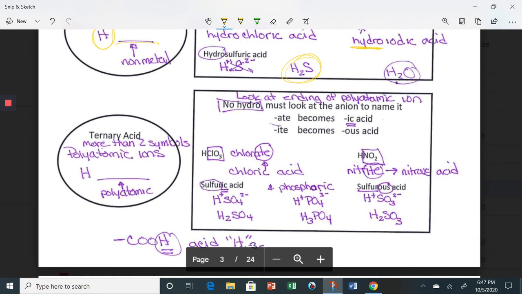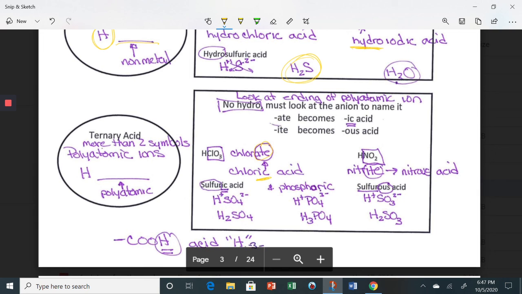On the bottom, ternary is a way to say more than 2, so they're polyatomic ions, still starting with H though, because that's a signal that you have an acid, other than the very special one, which I'll talk about in a second. So it's H followed by the polyatomic ion. Now this is where you need to know your ions. You have to know ClO3 is chlorate. There's a convention. You take the ate ending off, change it to ic, call it acid.